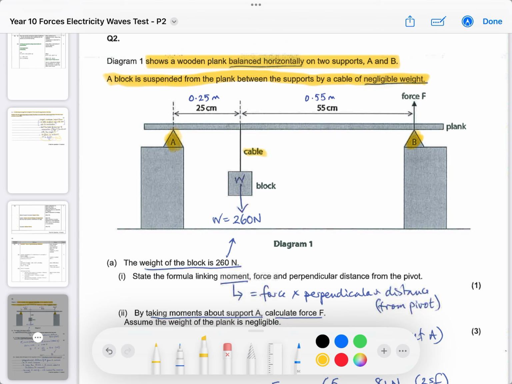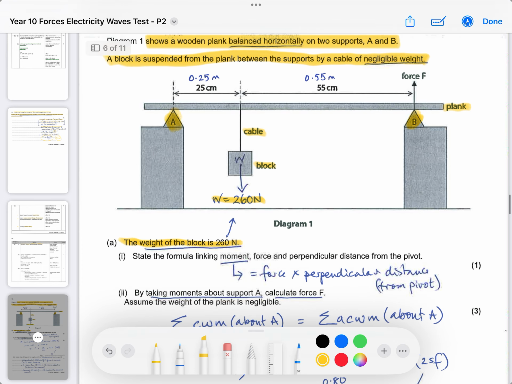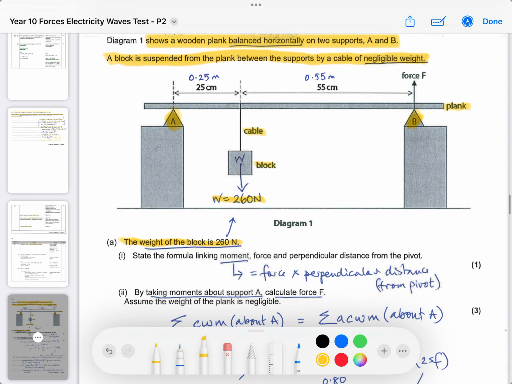So here's the cable, here's the block, and later on they tell us that it weighs 260 newtons. And they've said that we can ignore the weight of the plank, which in reality we shouldn't really, but they're just trying to simplify it because they know it's GCSE. In A level, you would need to include the weight of the plank as well. And that will be at the center of the length of the plank if it's a uniform thickness.